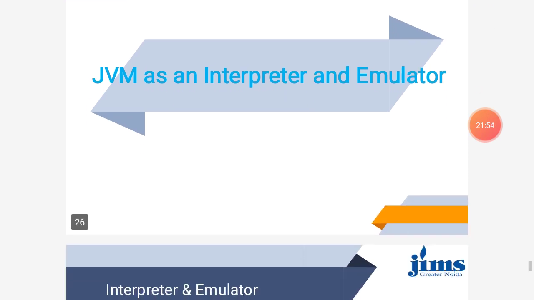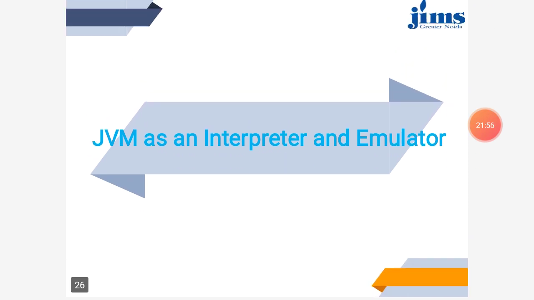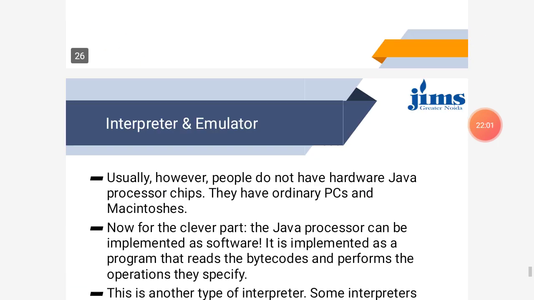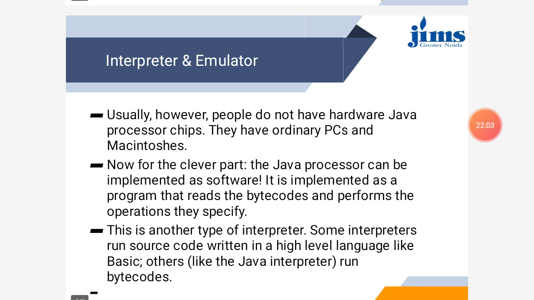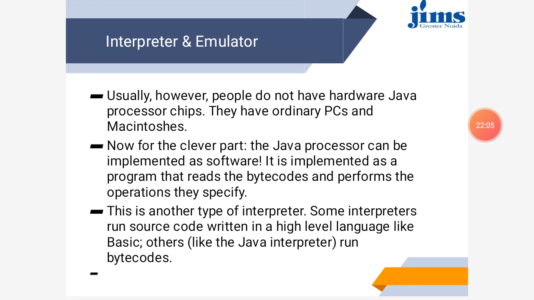The next topic we are going to cover is the JVM as an interpreter and emulator. An emulator is actually a machine, but in the case of Java it is not a physical machine but a logical machine which works as a complete machine.